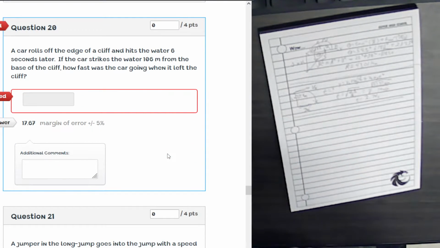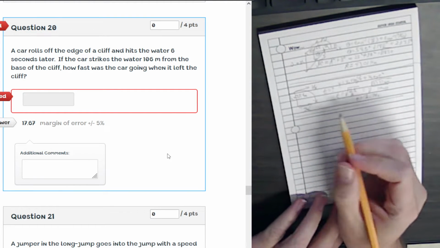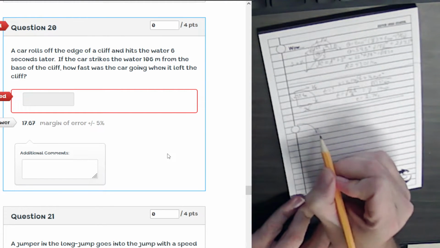Okay, so 20. It says the car rolls off the cliff's edge and hits the water 6 seconds later. If the car strikes the water 106 meters from the base of the cliff, how fast was the car going when it left the cliff? So again, this is another horizontal projectile.